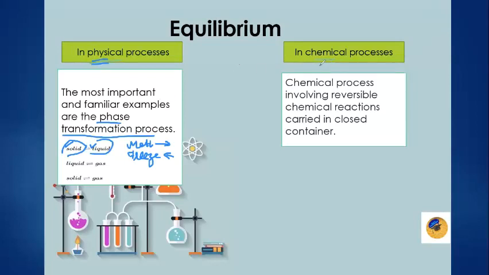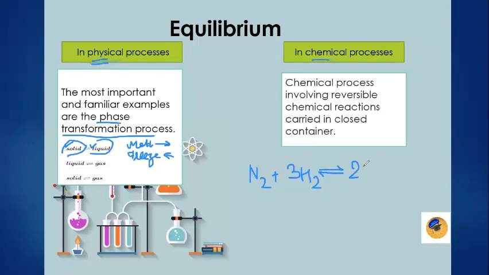Now let's look at equilibrium in the chemical processes briefly. Earlier we had done an equation, which was N2, nitrogen, plus hydrogen, H2, reversibly gives us ammonia, which is 2NH3.